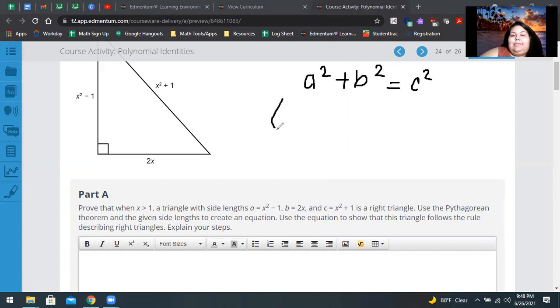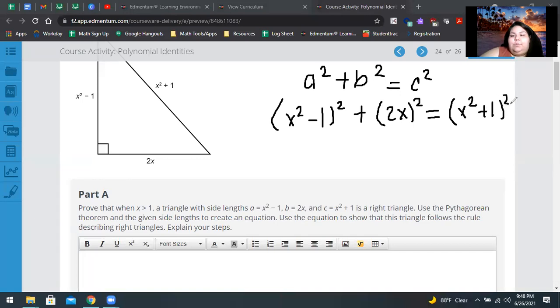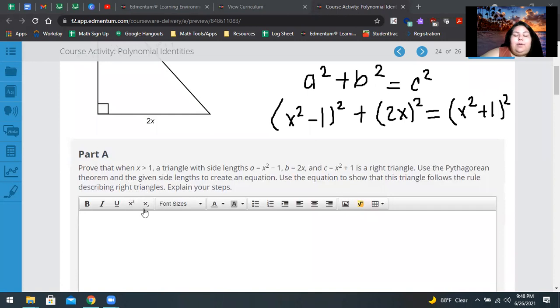So we replace a with x squared minus 1, plus we replace our b with 2x, and we put that squared, equal to c, which is x squared plus 1. Now, keep in mind, this is also being squared. It says use the equation to show that the triangle follows the rules describing the right triangle.